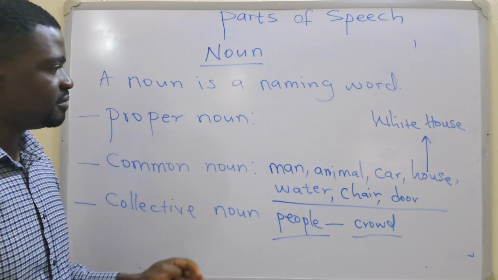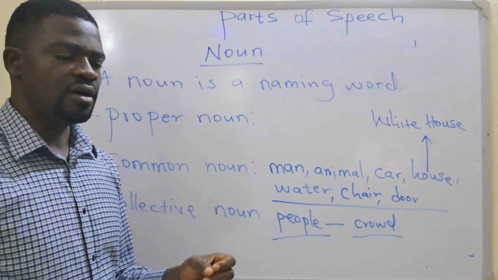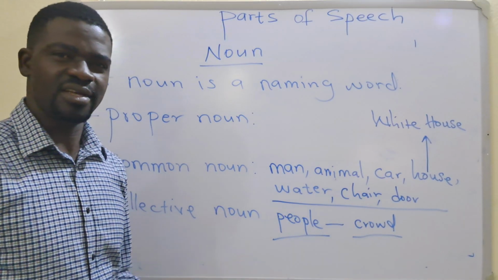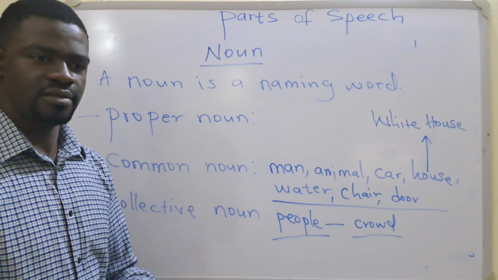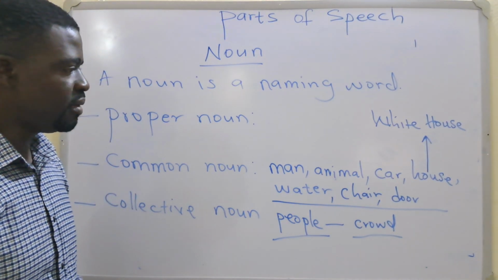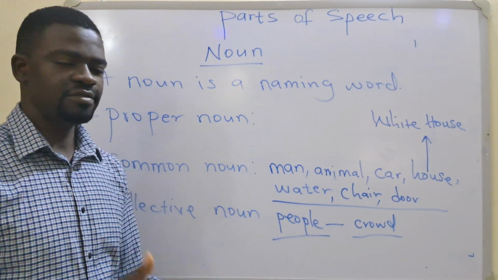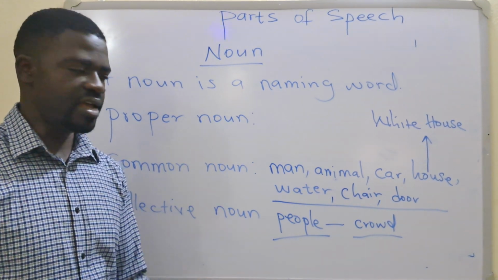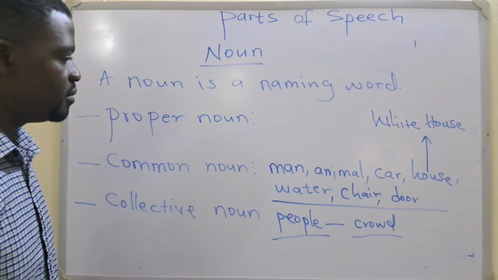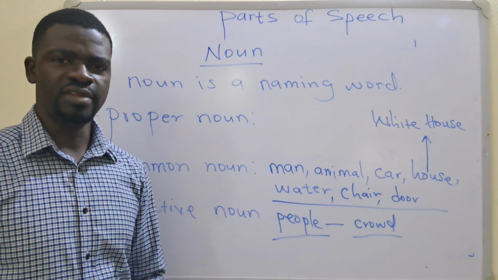If you have a bunch of banana, a bunch of grape, because you have a lot of the fruit in one place. If you have a lot of eggs, say 12, 10, you can call it a clutch of eggs, and so on and so forth. You still remember some of the collective nouns.